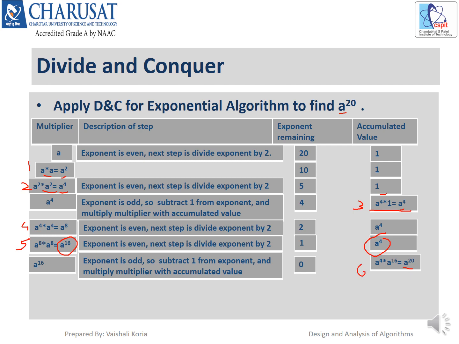So here in this particular method, to find out a raised to 20, we require 6 multiplications. So we can see that we have reduced the number of multiplications if we apply the divide and conquer method to find the exponential.